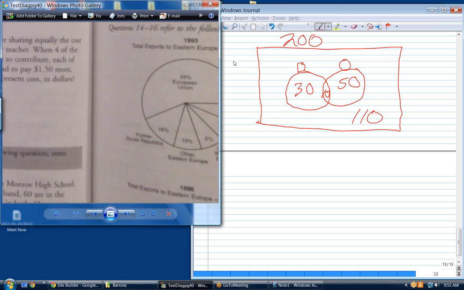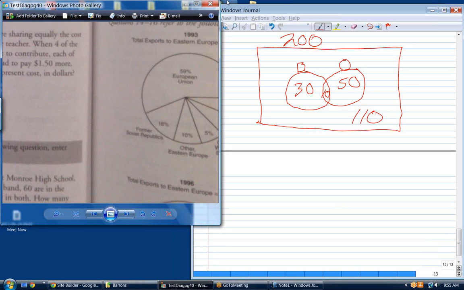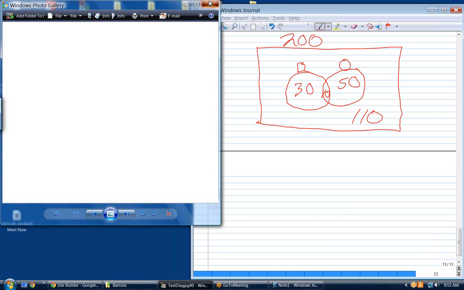Okay, here, let me see. Yeah, that might be readable. Let me open the next page here.